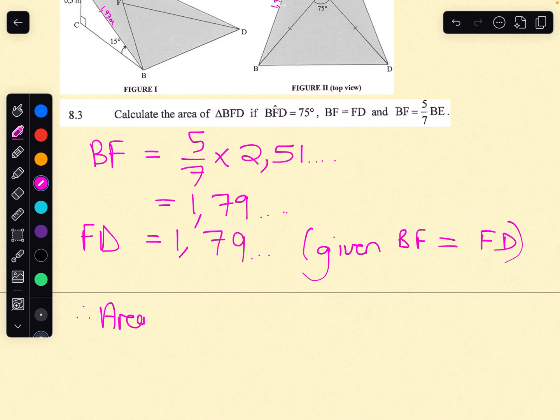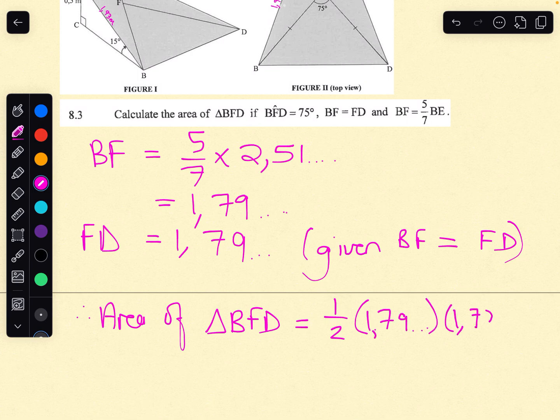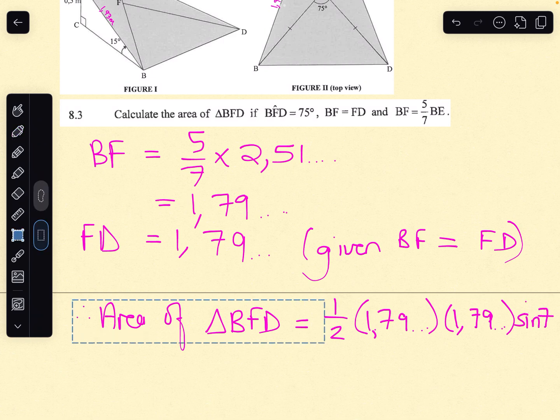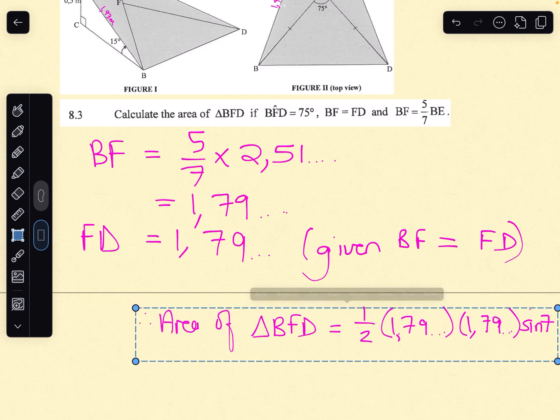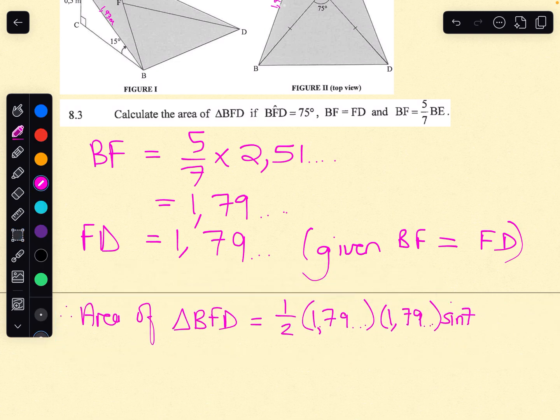Area of triangle BFD is equal to a half of these two sides multiplied together times sine of the included angle, so times sine of 75 degrees.